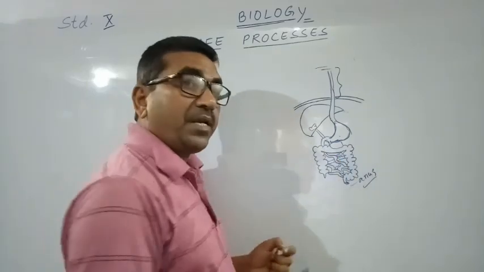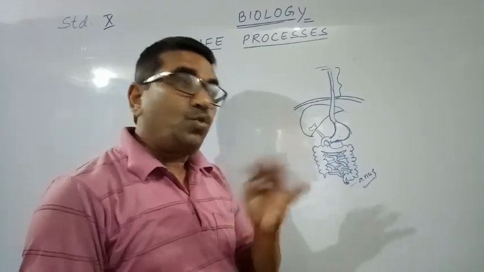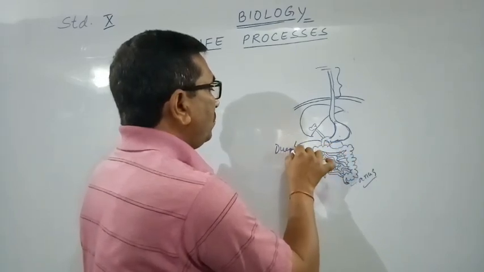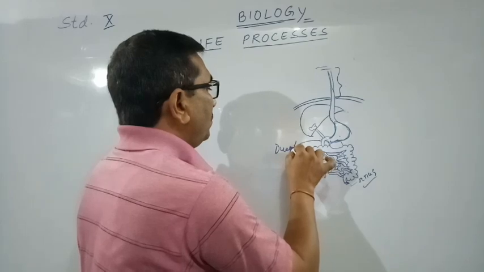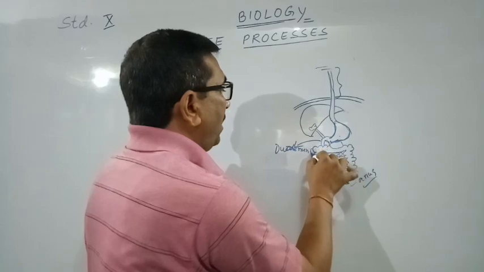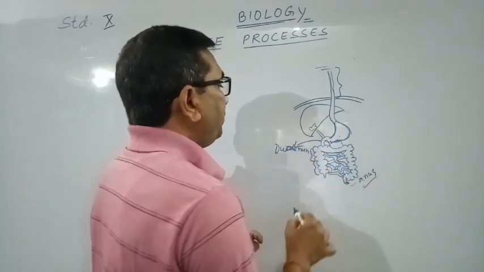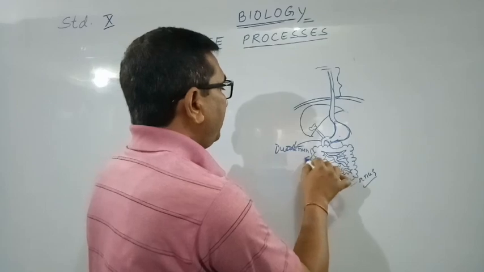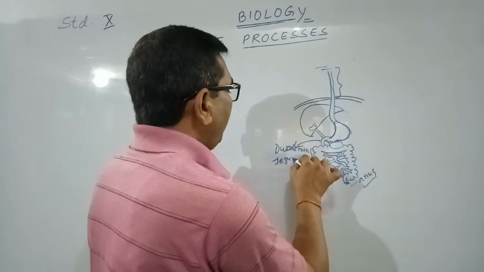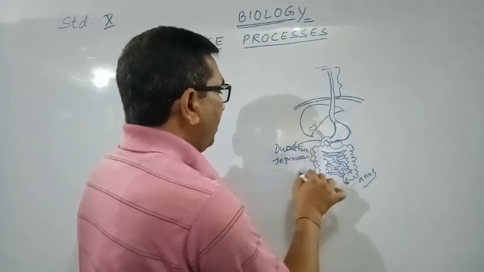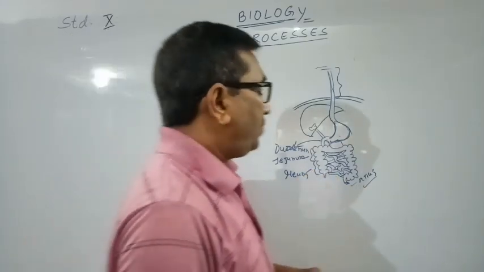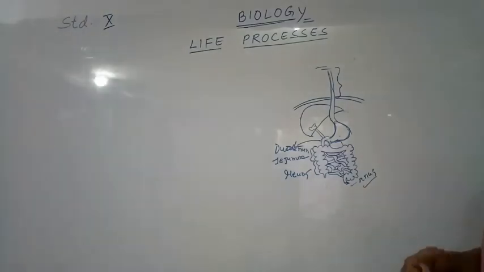The small intestine can be divided into parts: the duodenum, the jejunum and the ileum.